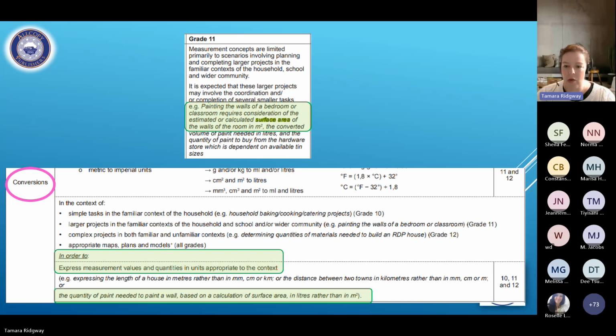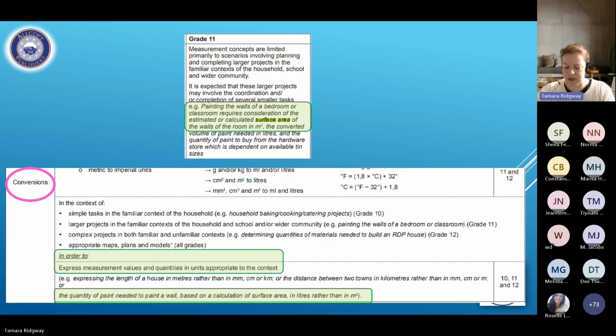Again, why is it under conversions? In order to express measurement and quantities in units appropriate to the context. And then the quantity of paint needed to paint a wall based on a calculation of surface area. And then this becomes important, in liters rather than millimeters squared.